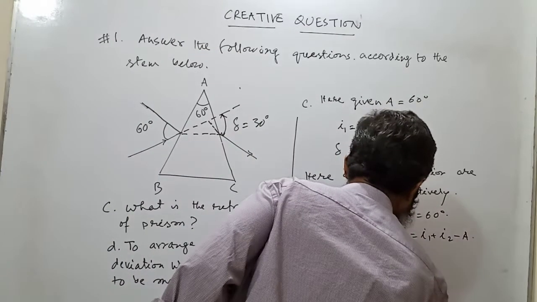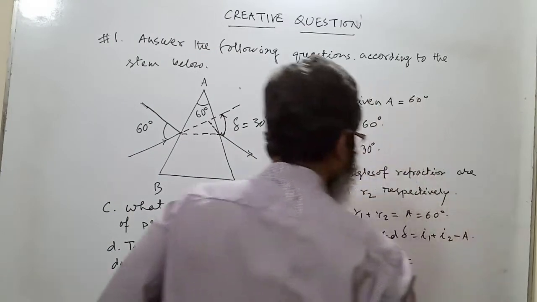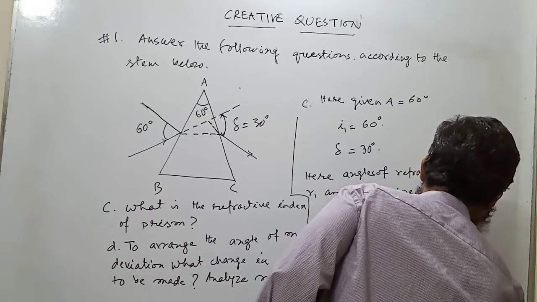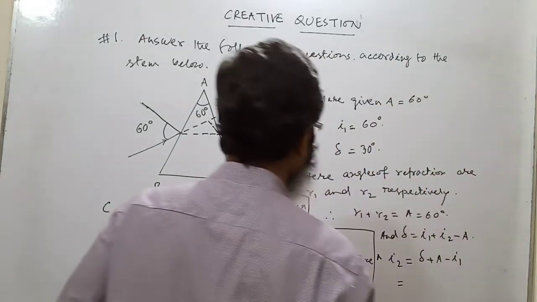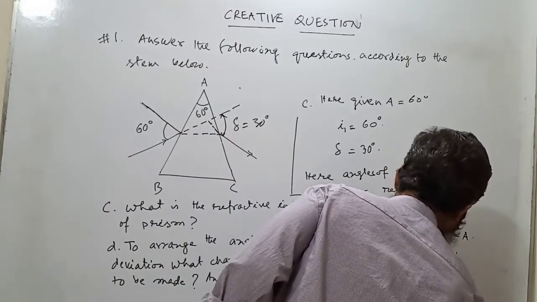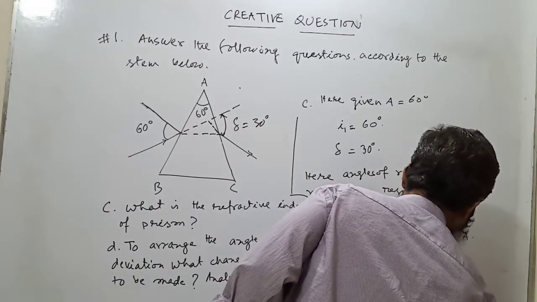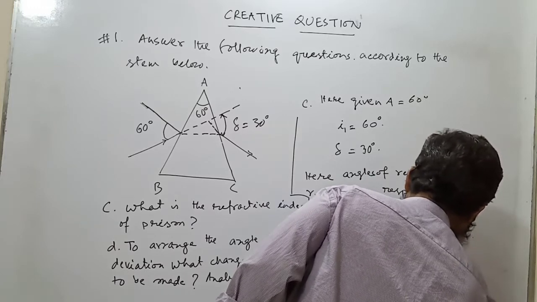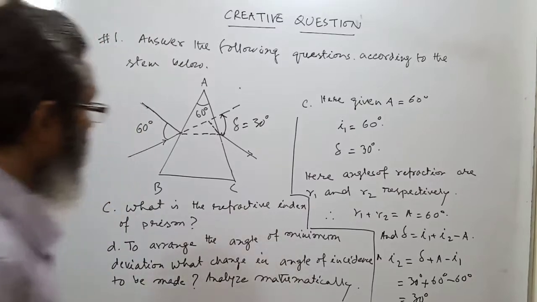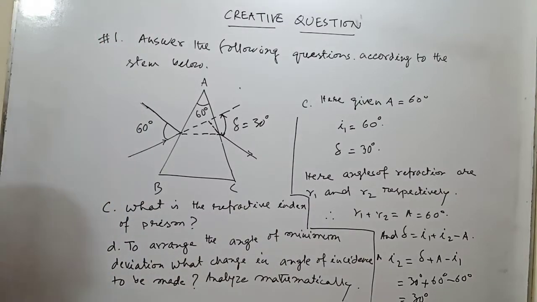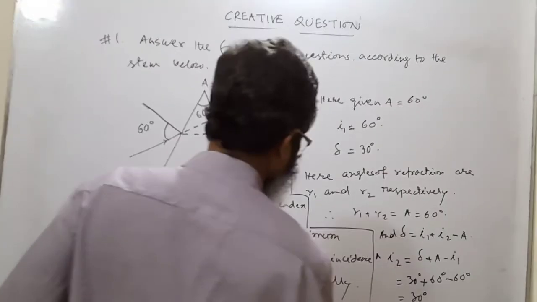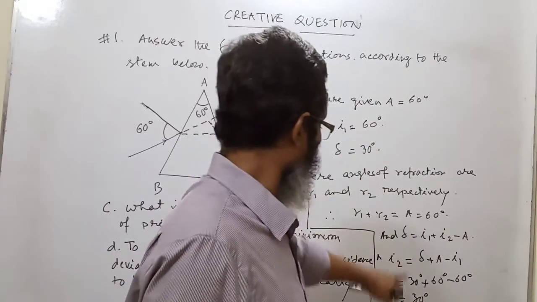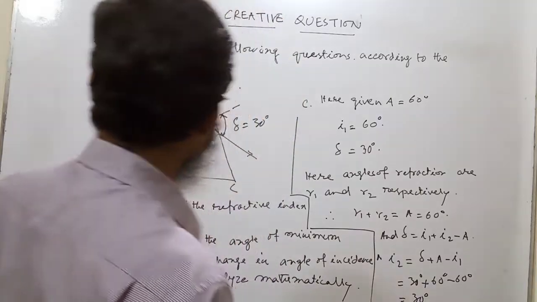Or I2 is equal to delta plus A minus I1. Put the values. Delta is equal to 30 degree, A is equal to 60 degree, and I1 is equal to 60 degree, so I2 is equal to 30 degree. Okay, so we know I1 is equal to 60 degree and I2 is equal to 30 degree.